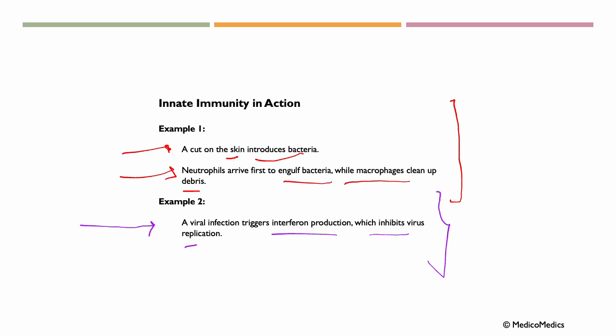These interferons act in both autocrine and paracrine fashion. So they bind to receptors on infected and nearby uninfected cells to trigger an antiviral state. This inhibits viral replication and helps contain the spread.